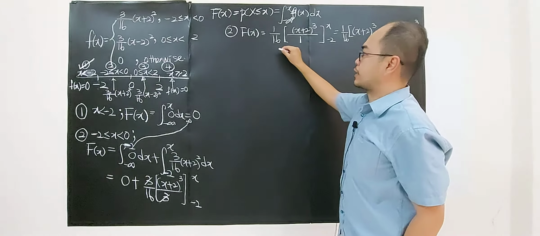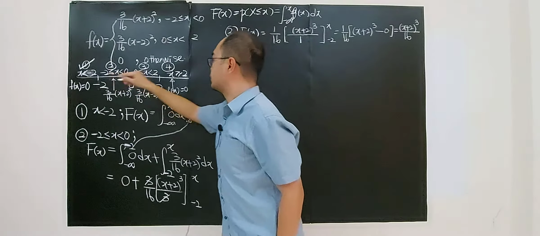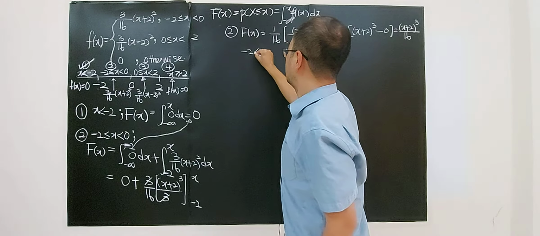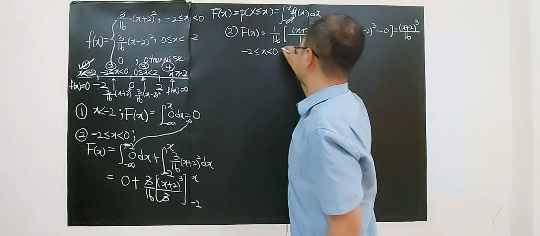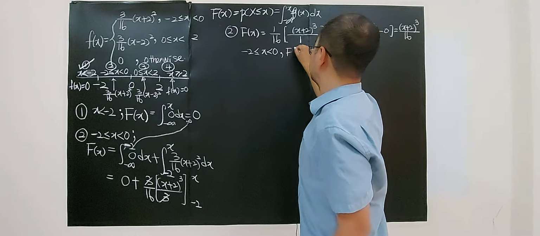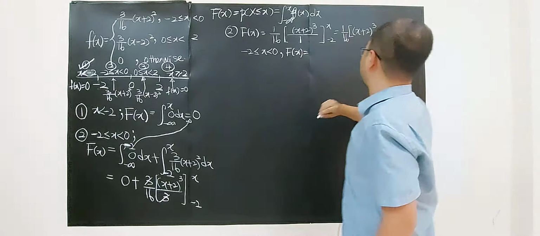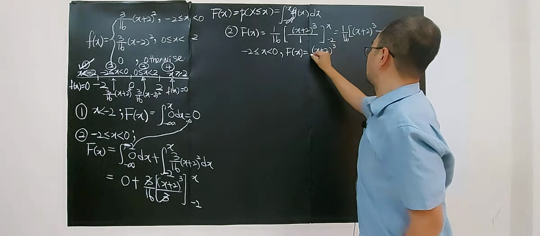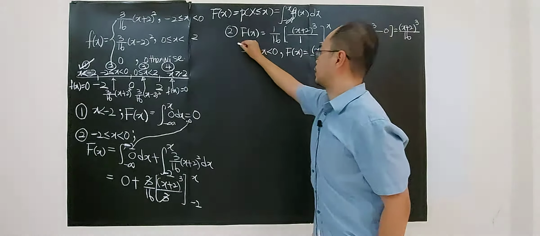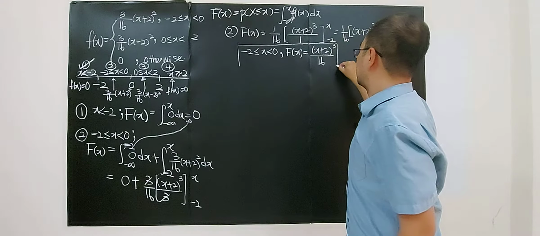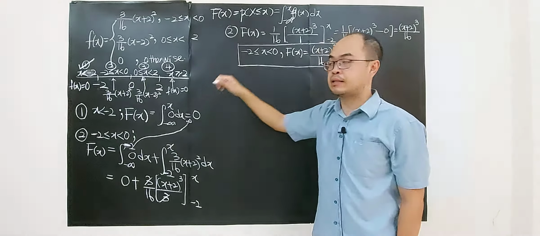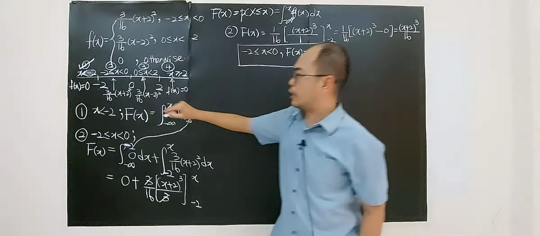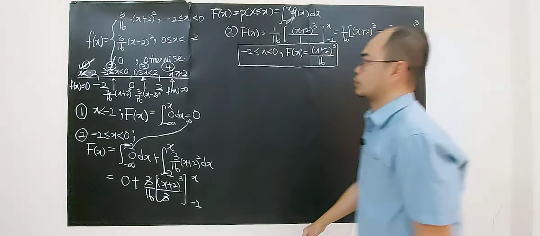So for the second interval, negative 2 less than x less than 0, your cumulative distribution function at this interval will be x plus 2 to the power of 3 over 16. Okay, now done. After I done with the second interval, I put a tick here.